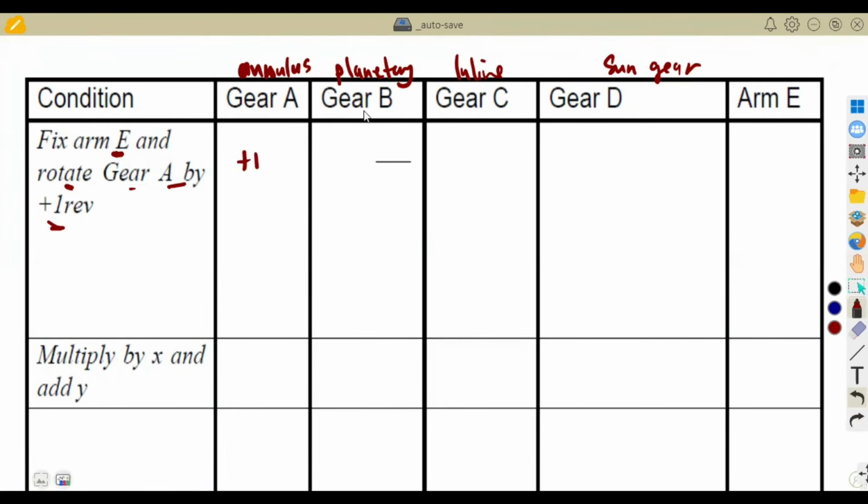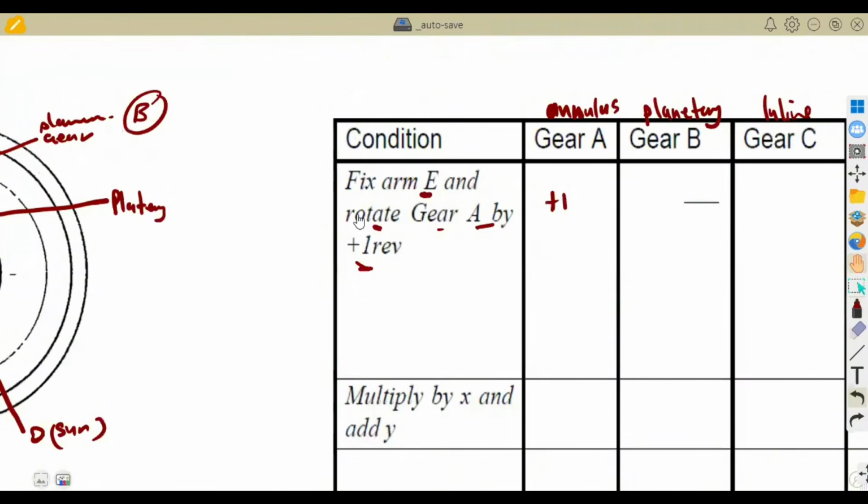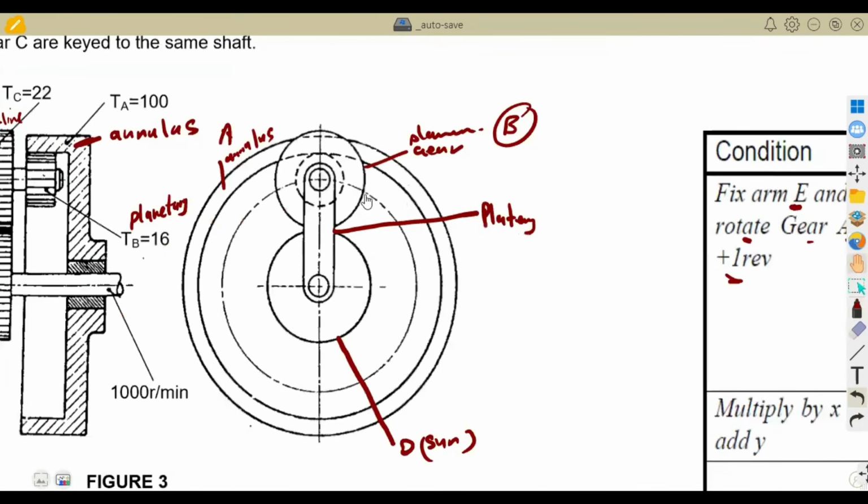Then on the planetary now, which is our B, what's going to happen as we rotate A, as A is going 1 revolution clockwise?